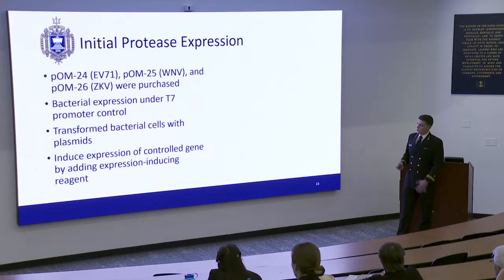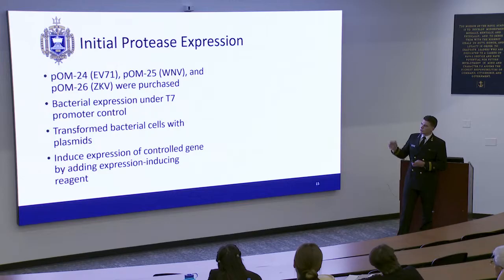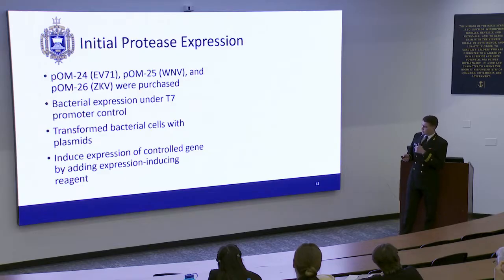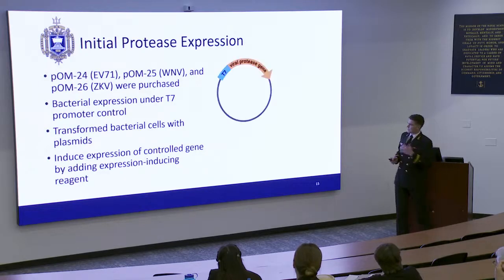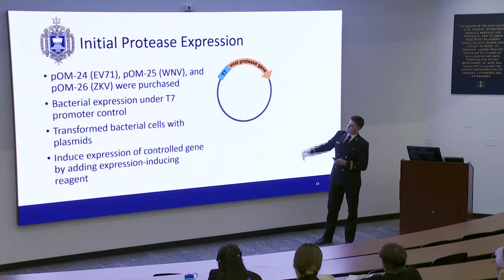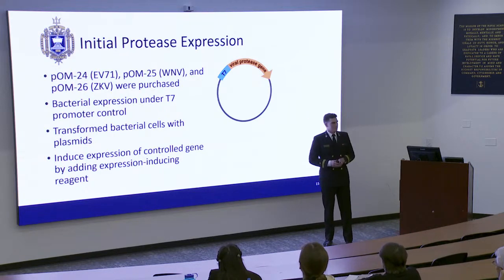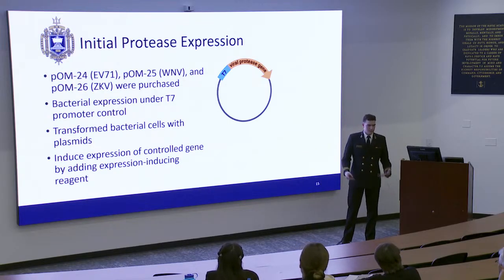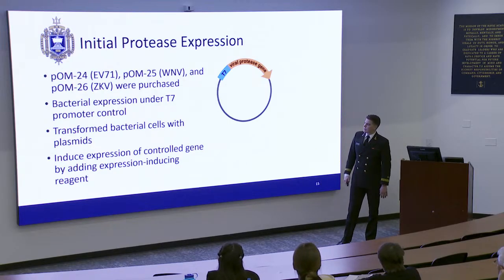So initially, we purchased three plasmid constructs that code for the viral proteases of enterovirus, West Nile virus, and Zika virus. Essentially, the gene for the viral protease was under the control of a T7 promoter, meaning that we are able to induce the expression of this protein in bacterial cells.